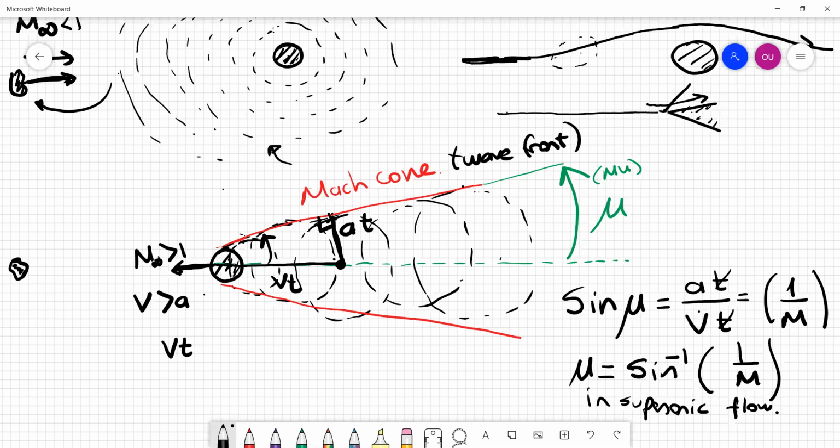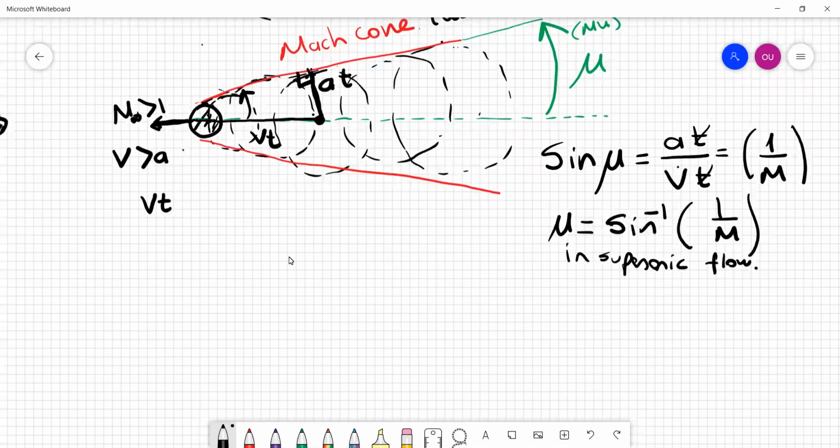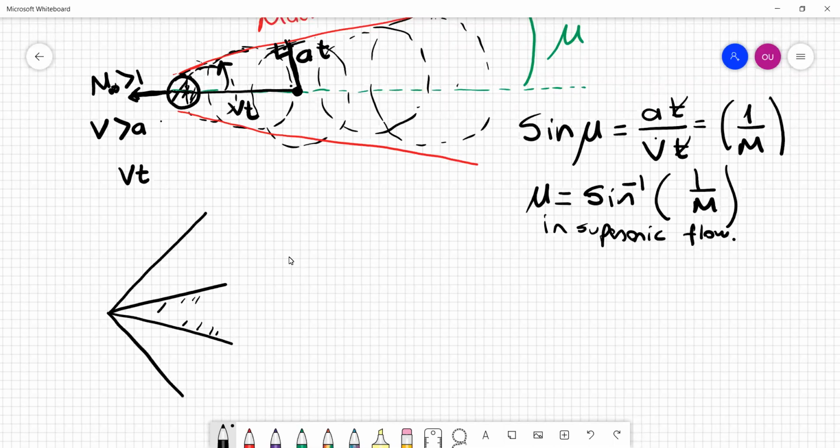Therefore, when we are analyzing, if we have a strong enough Mach cone, so that the wave front is not very weak, we end up with an oblique shock wave at the very front of the aircraft. It looks something like that. And being able to calculate this is very important.